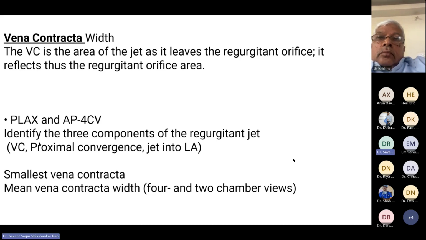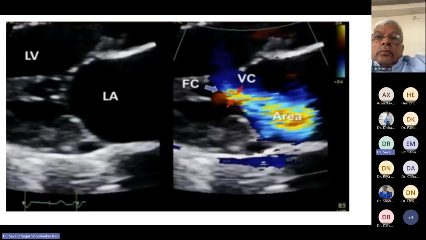The smallest vena contracta, that is the mean vena contracta width, can be better viewed by the four and two chamber views. This image shows on the right side the vena contracta, that is the least width through which the regurgitant jet exits, and this is the flow convergence at the orifice.